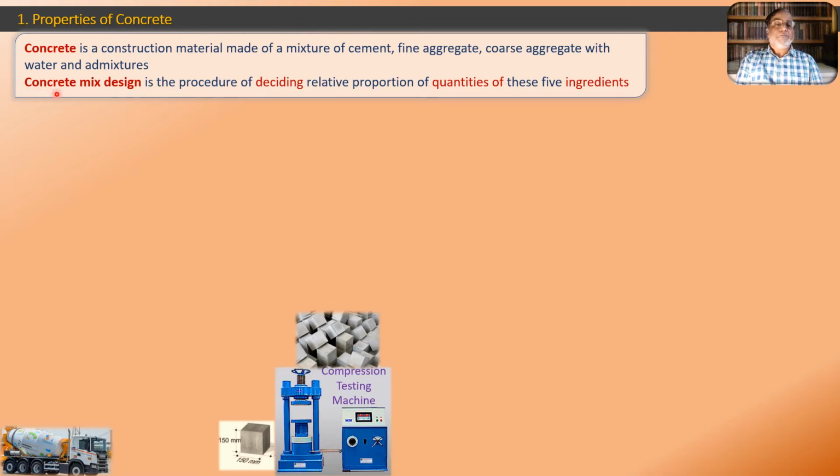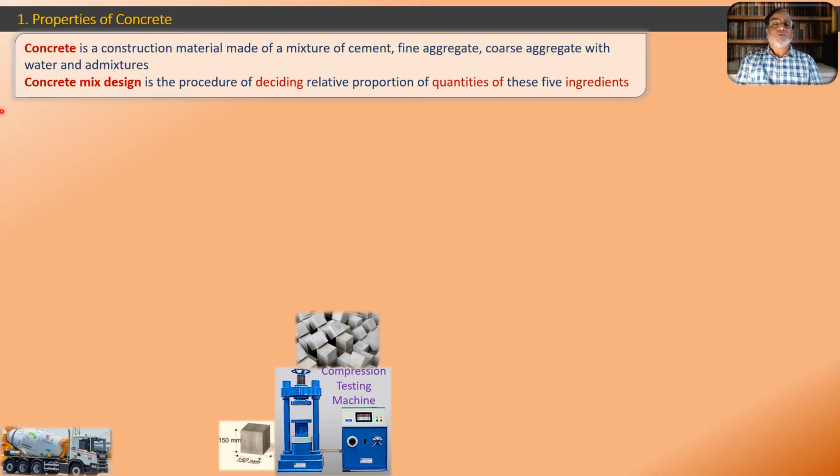So, concrete mix design is the procedure of deciding the relative proportion of quantities of these 5 ingredients. From the definition of concrete, it is clear that concrete is a mixture of 5 ingredients: cement, fine aggregate, coarse aggregate, water and admixtures.